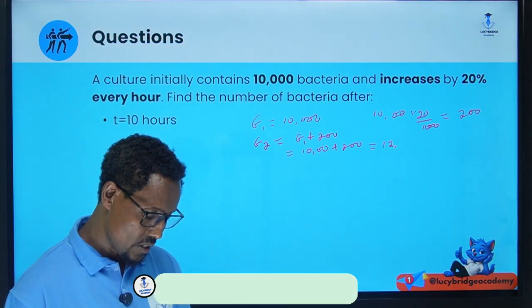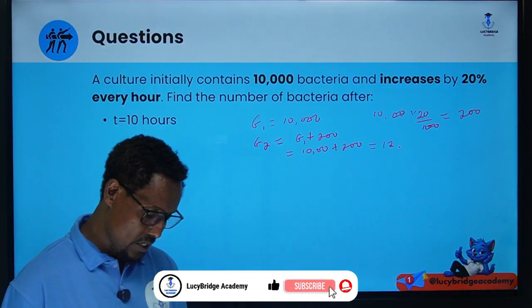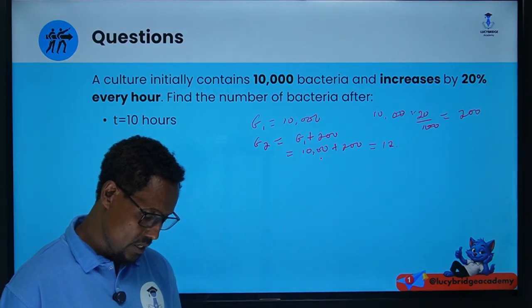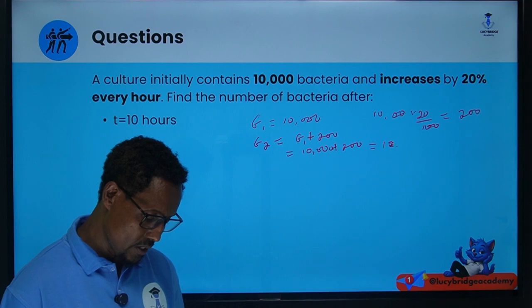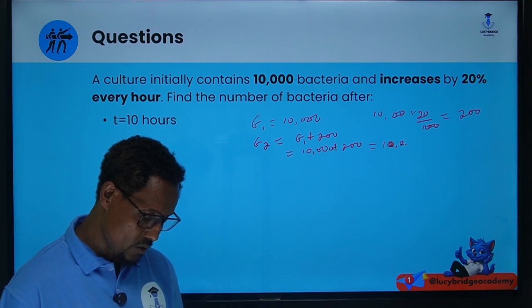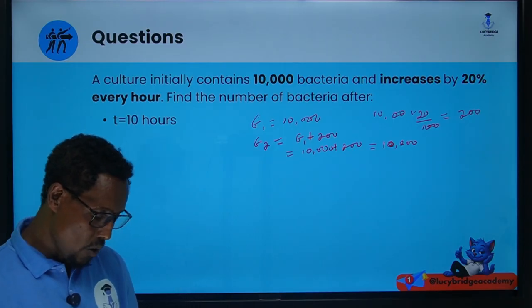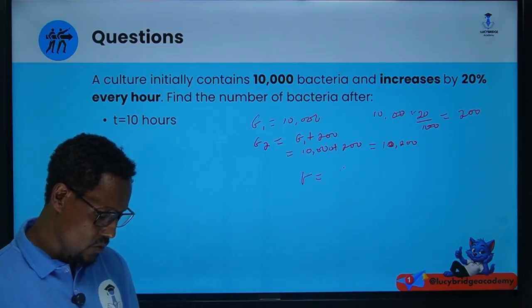Sorry, we have 10,000 here, so 10,200 will be G2. Now the common ratio R is equal to G2 over G1.